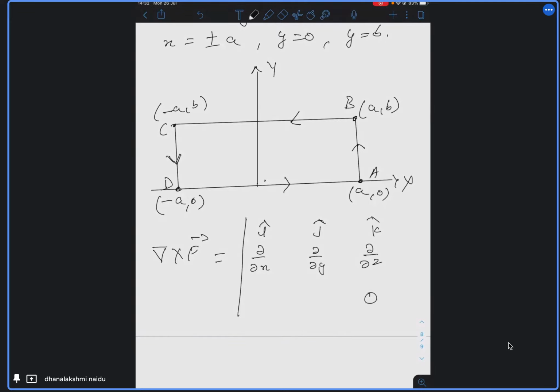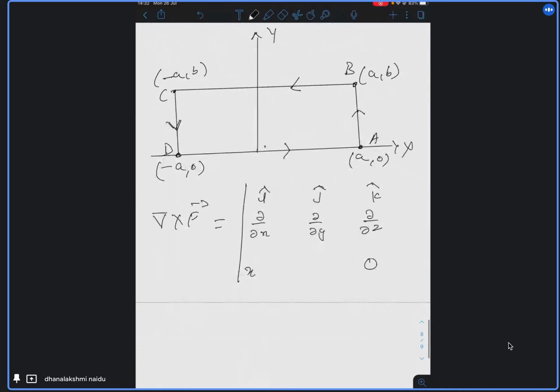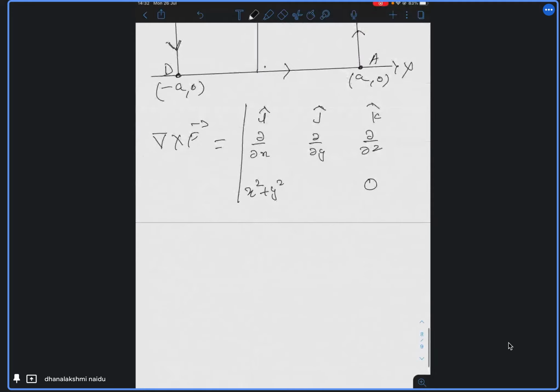Anyhow this part is 0. What is f1 here? X square plus y square, so y square. And f2 is minus 2xy. Remember, you will always get this thing only with k cap. You are going to get some answer here. So with k cap you will get, with respect to x of minus 2xy minus derivative with respect to y of f1.